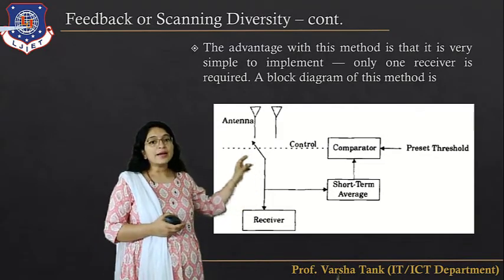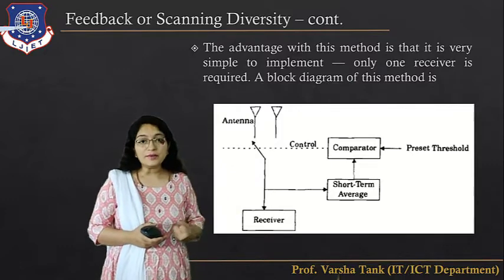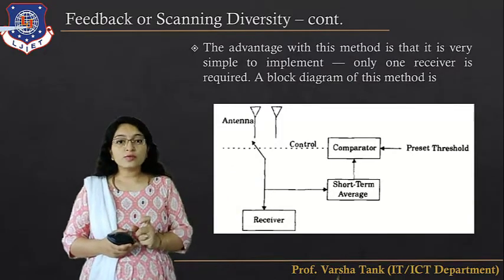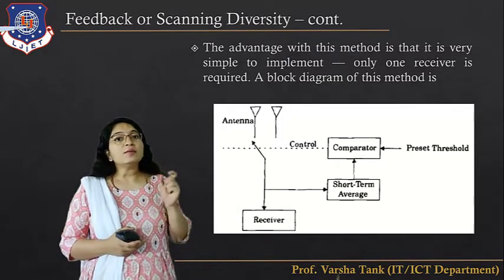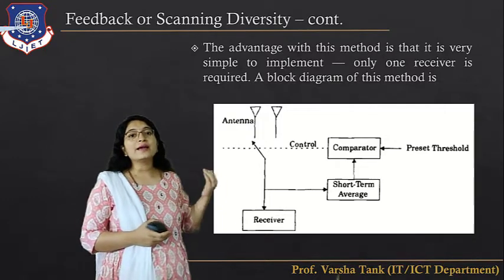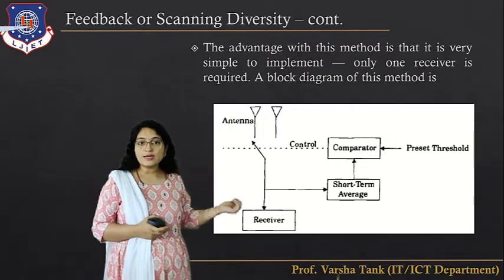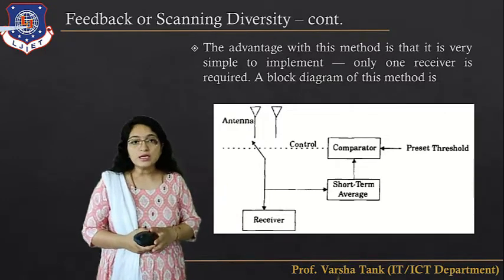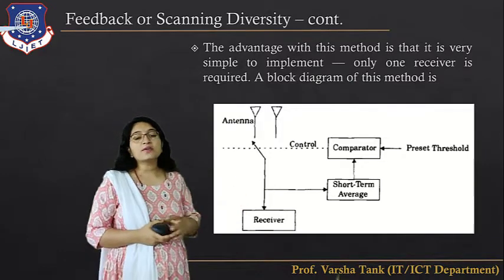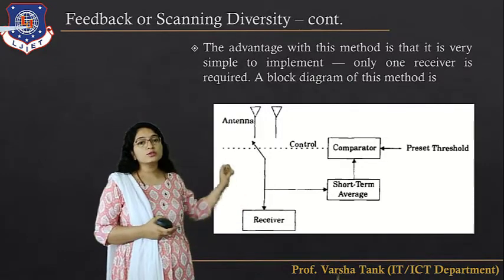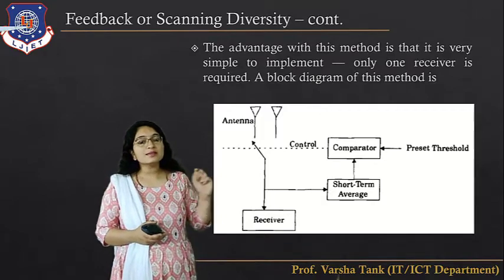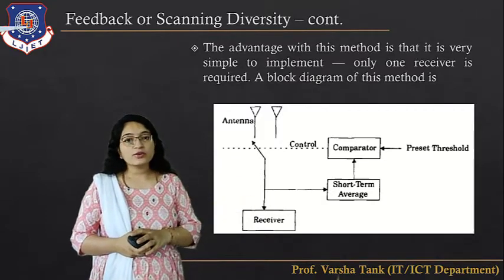The comparator compares using the predetermined threshold value. If the signal meets the threshold, it is given to the demodulator and the signals are received by the receiver. And the short-term average is used in the comparator to compare the signal against the proper threshold value.